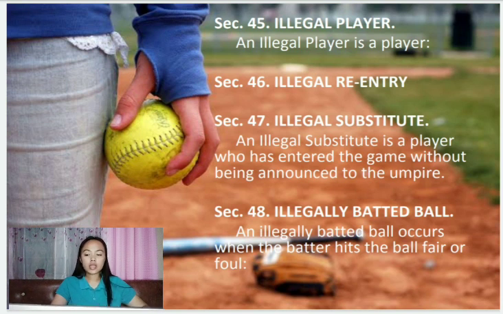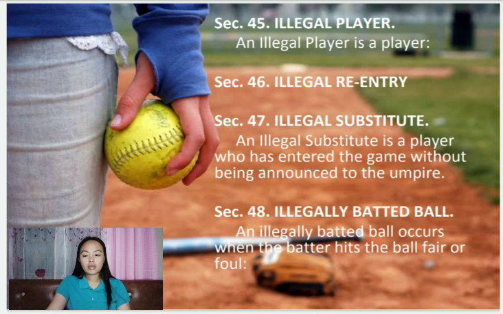Next section, let's move to the next section, section 47, the illegal substitution. An illegal substitution is a player who has entered the game without being announced to the umpire. So, illegal substitution siya kapag pumasok ka sa mismong laro, pero hindi siya gi-grant or hindi siya gi-announce ng mismong umpire.